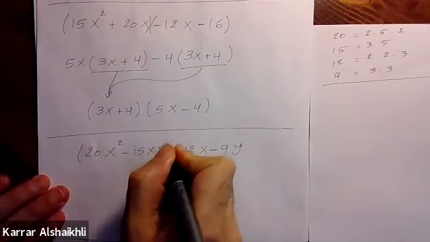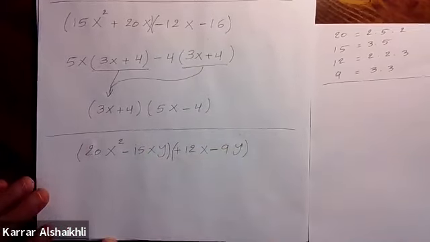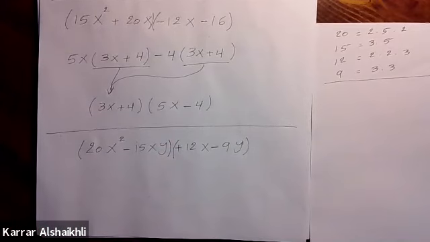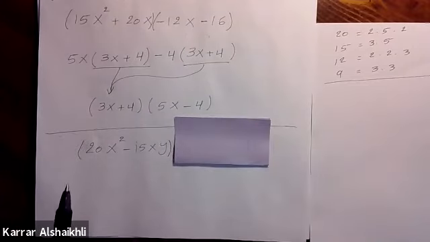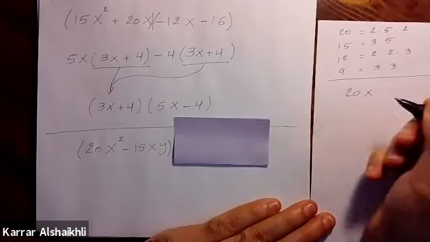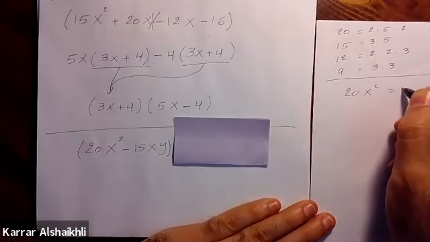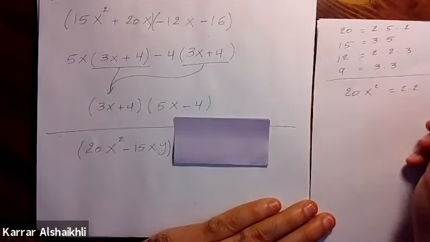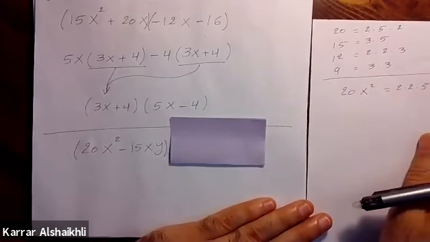So we're going to group the first two terms, and we're going to group the last two terms. Now we're going to hide this one. Tell me, what's the common now with the 20 and 15? 5. So I'm going to write down 20x squared, which you can say is 2 times 5 times x times x.